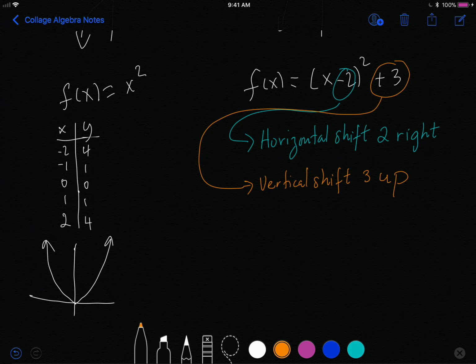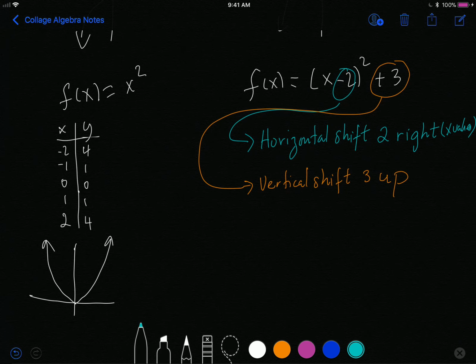That helps us understand that if I was just doing a simple sketch of my graph, I would go 2 units to the right and then up 3, and that would be enough to put together at least a sketch. But again, that's not what I want. I want the exact graph. So we have to understand that a horizontal shift affects the x values.